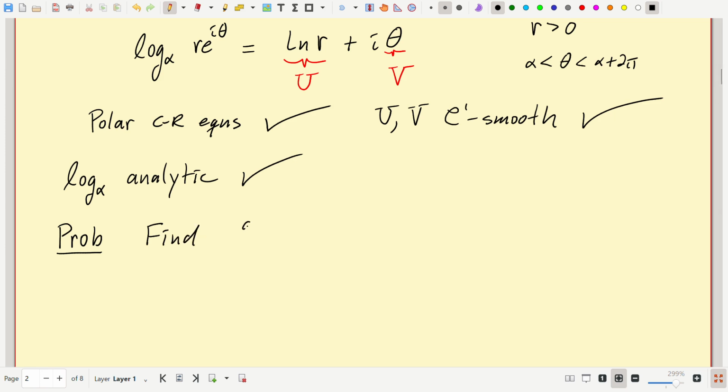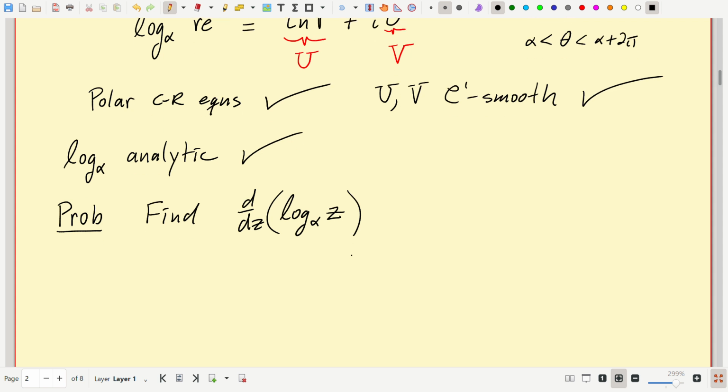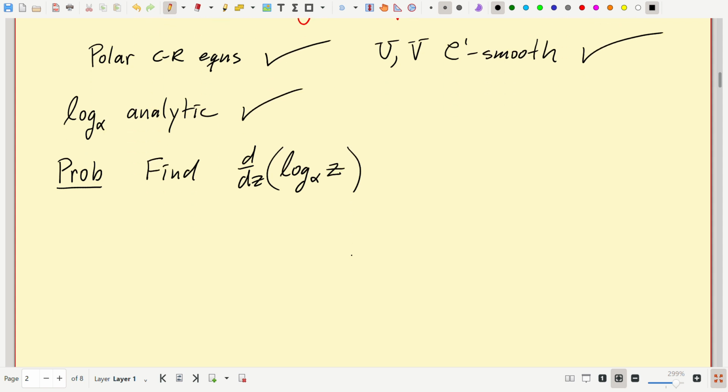Let's find d by dz of any old branch. This is true for all branches. So I'll put the alpha in there to emphasize that it's any old branch. Well, let's see. I got to think a little bit before I do this. You're used to the real version of exponential and log. And I'll call this number 1.